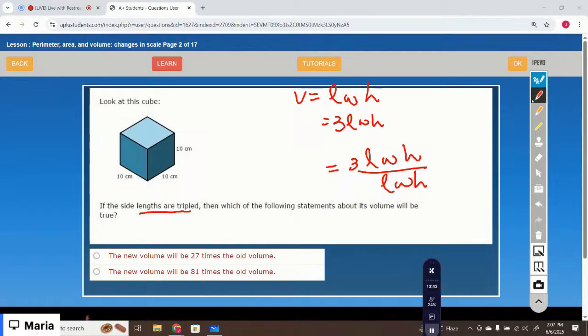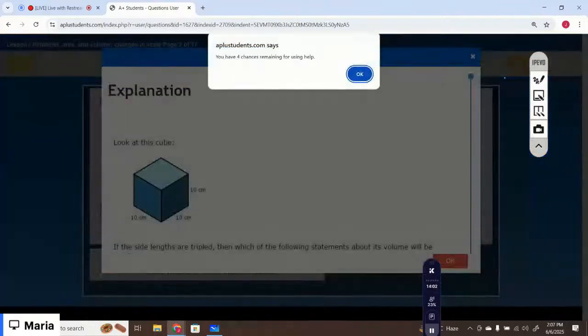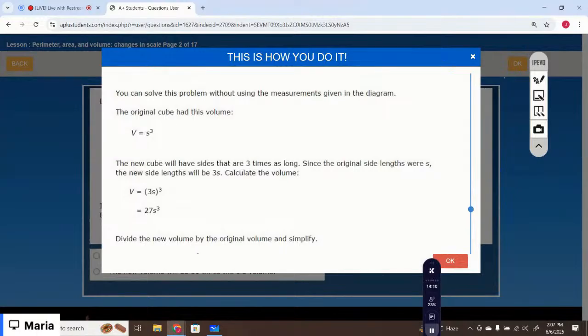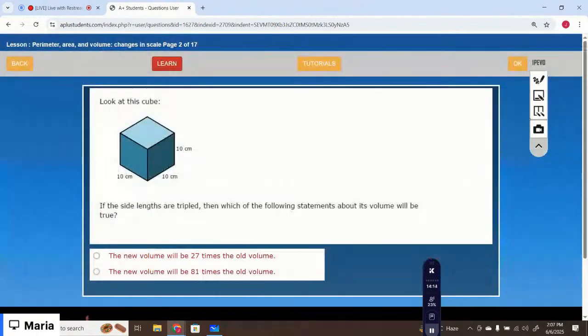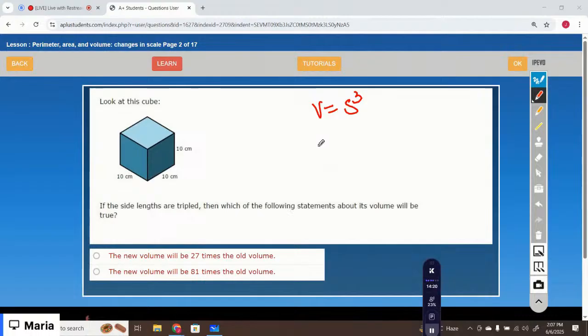So triple means only one S cube, that will be tripled, 3S.